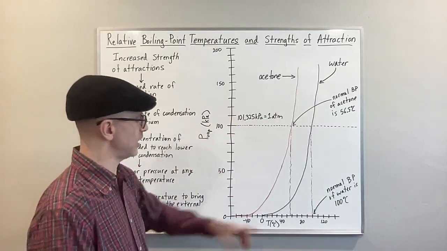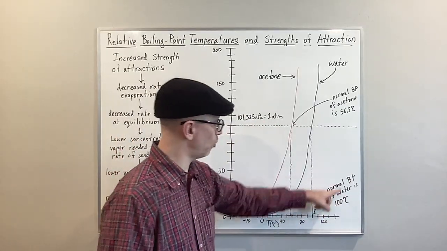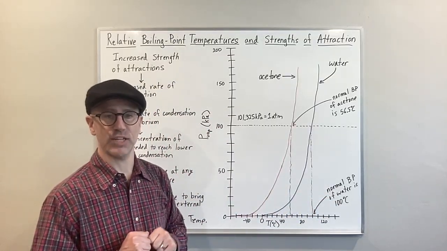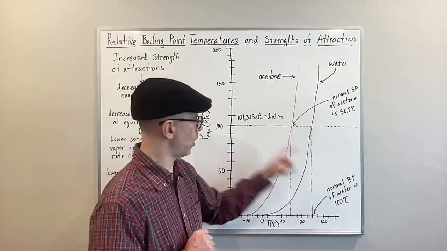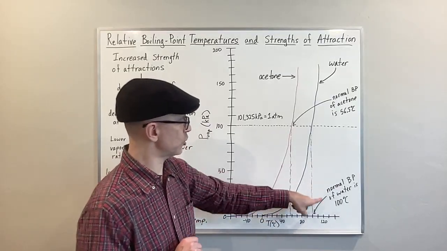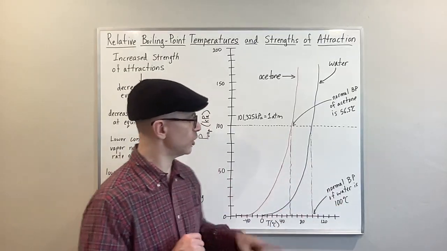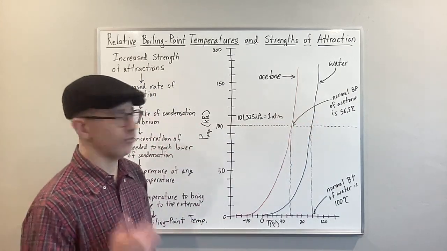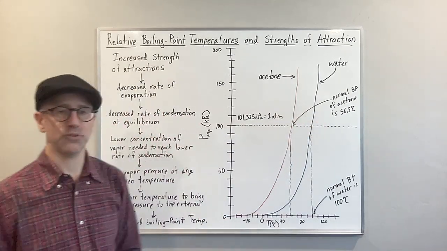And so you can see here that the normal boiling point, remember, normal means at 1 atmosphere of external pressure. At 1 atmosphere of external pressure, the normal boiling point of water is 100 degrees, whereas the normal boiling point of acetone is 56.5 degrees Celsius.